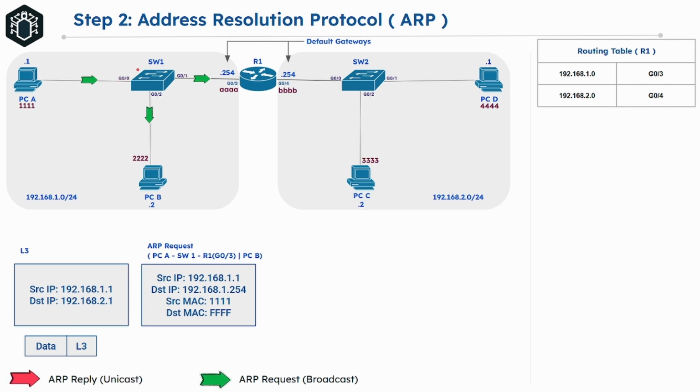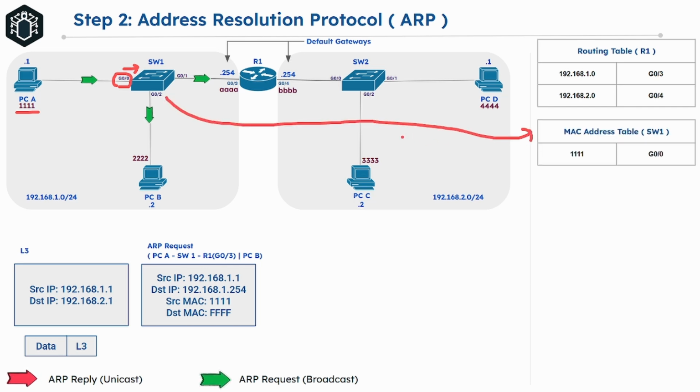As soon as the switch receives the frame, it looks at the source MAC address 1111 and it learns that this MAC address is connected to the specific port G00, and this entry is going to be stored into the MAC address table like this.